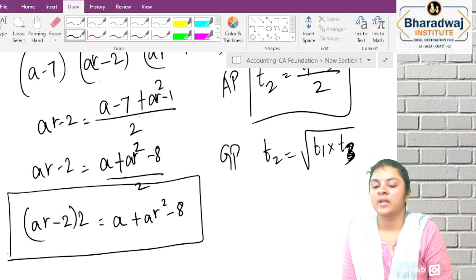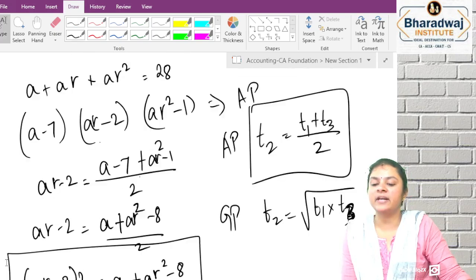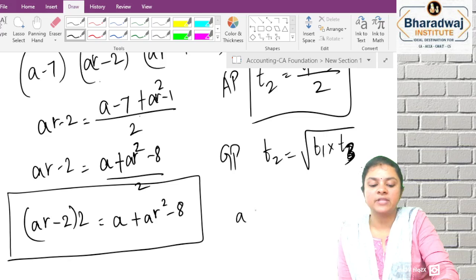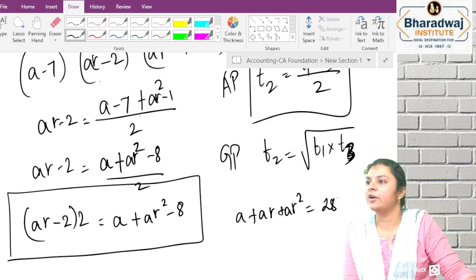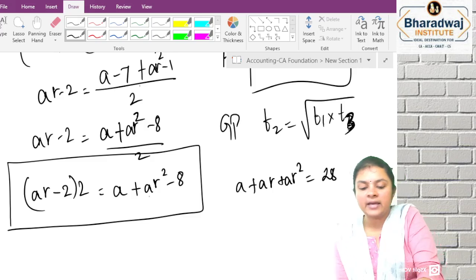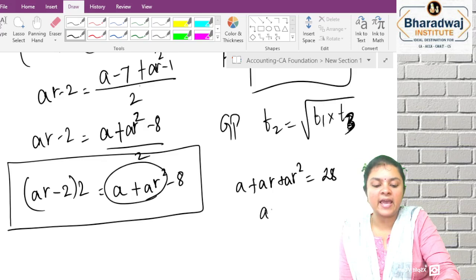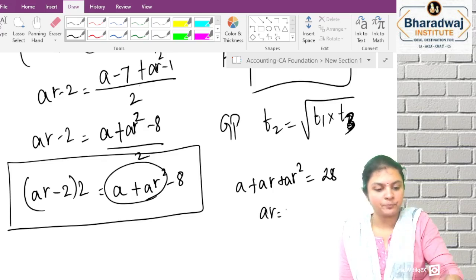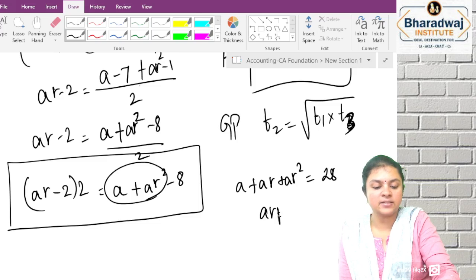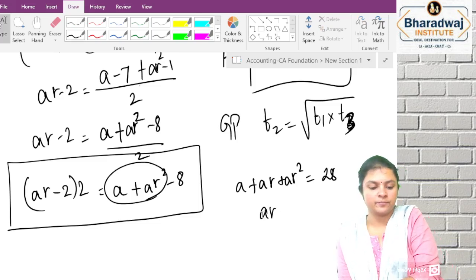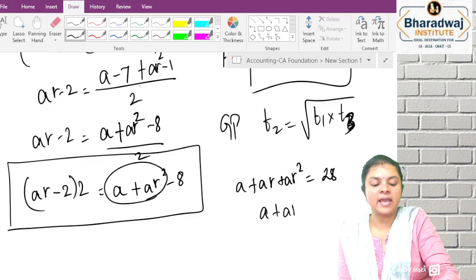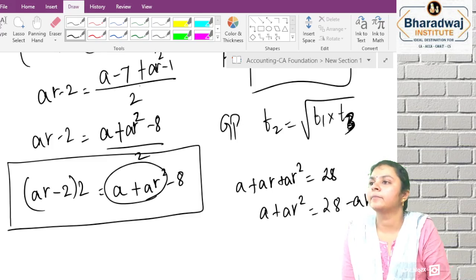Clear? What is the first equation that we have already got? Sum of the three terms, A plus AR plus AR square, is equal to 28. Now if you see here, A plus AR square is already there. So, let me put it this way: A plus AR square is equal to 28 minus AR.